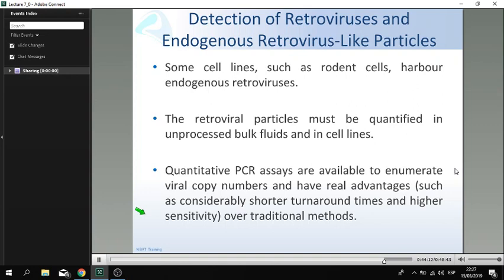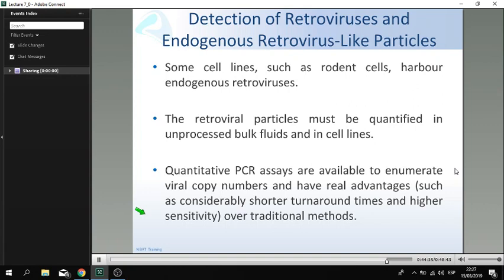And then detection of viruses. Lots of our cell lines contain endogenous viruses, so we have to make sure that we quantify the amount of these viruses. Some viruses live in our cells and don't cause any issues, but we're worried that they might cause issues if they are injected into a patient.